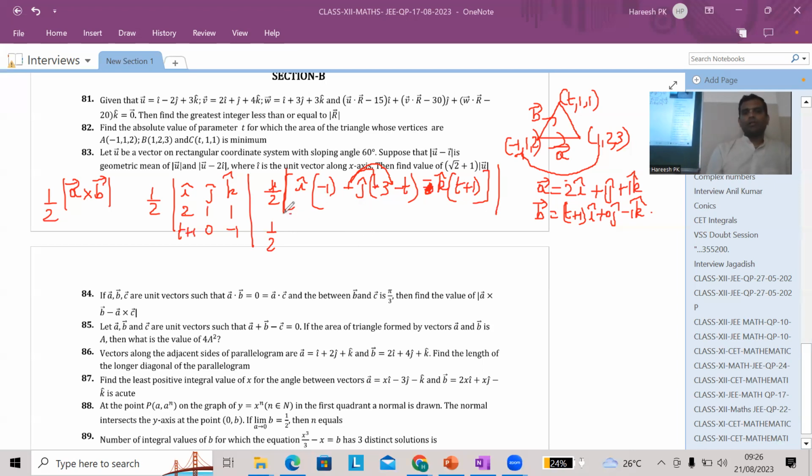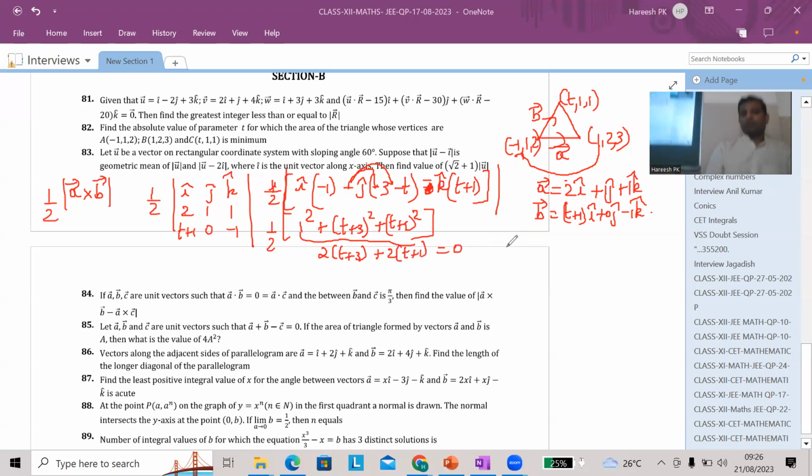So that means 1 square plus (t plus 3) whole square plus (t plus 1) whole square. This should be minimum. So if this has to be minimum, its derivative should be 0. Isn't it? So when you differentiate this, you'll get 2 into (t plus 3) plus 2 into (t plus 1) should be 0.